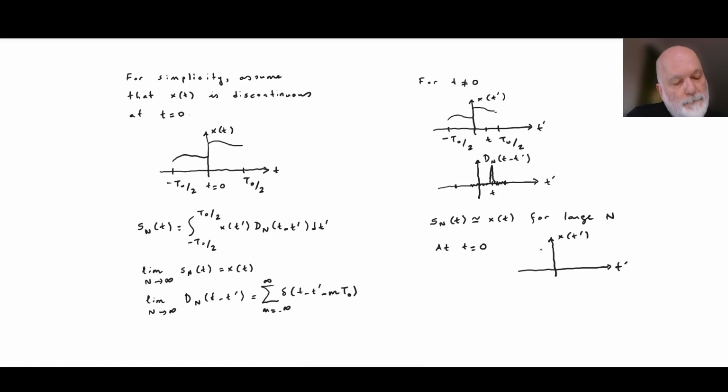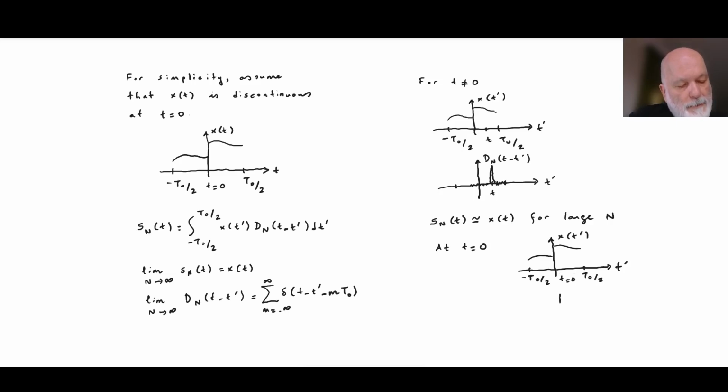We will have, from minus t0 over 2 to t0 over 2, a discontinuity at t equal to 0.